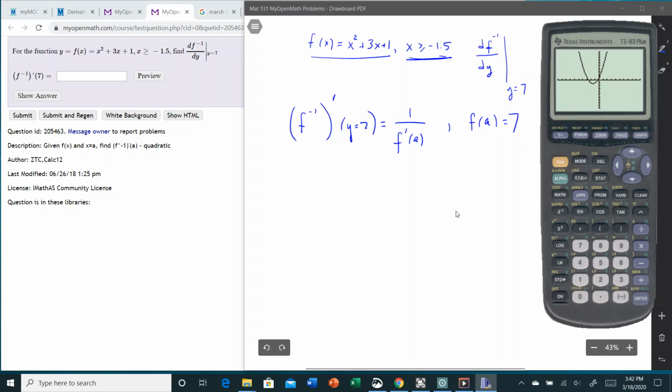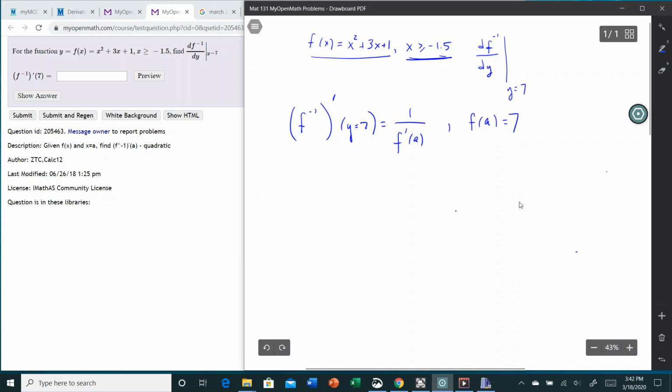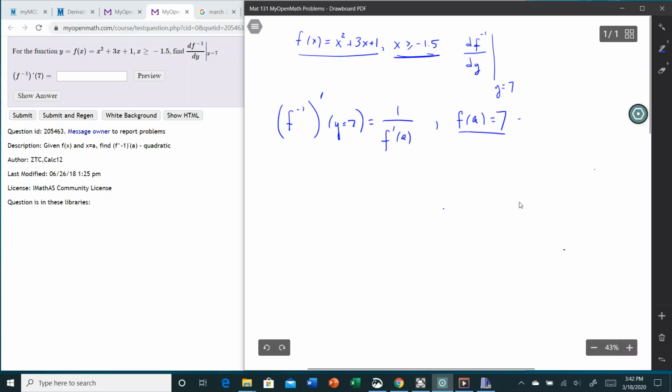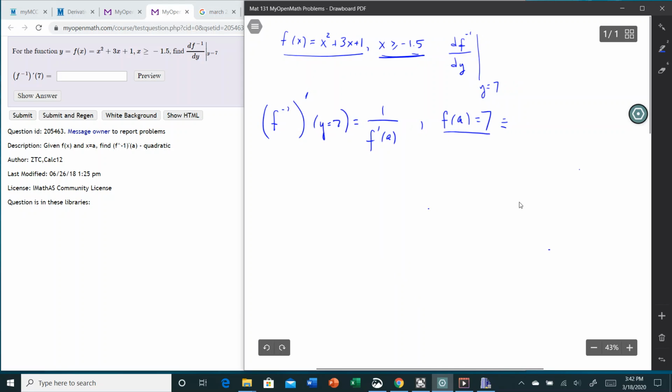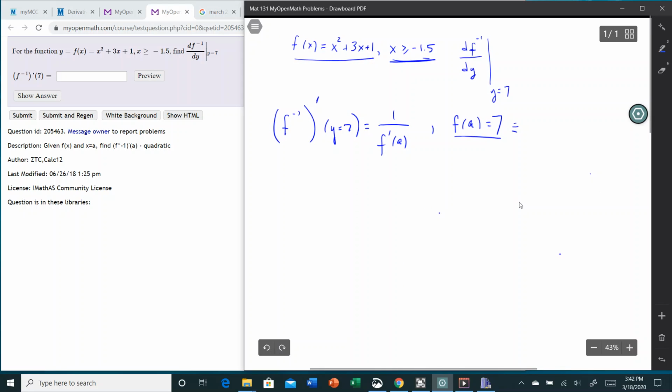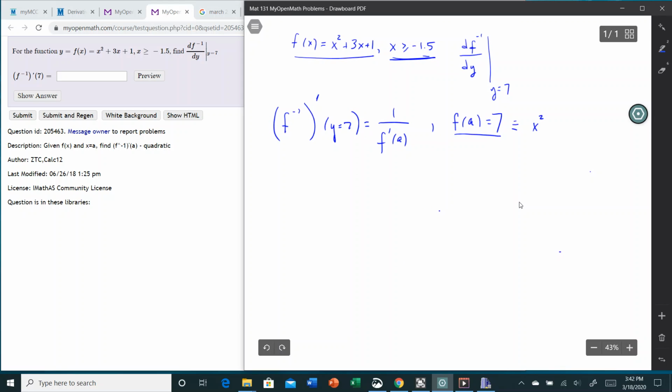All right, but having said that, what we do need to do is figure out where that value of x maps into 7. That's the same as solving the problem x squared plus 3x plus 1 equal to 7.